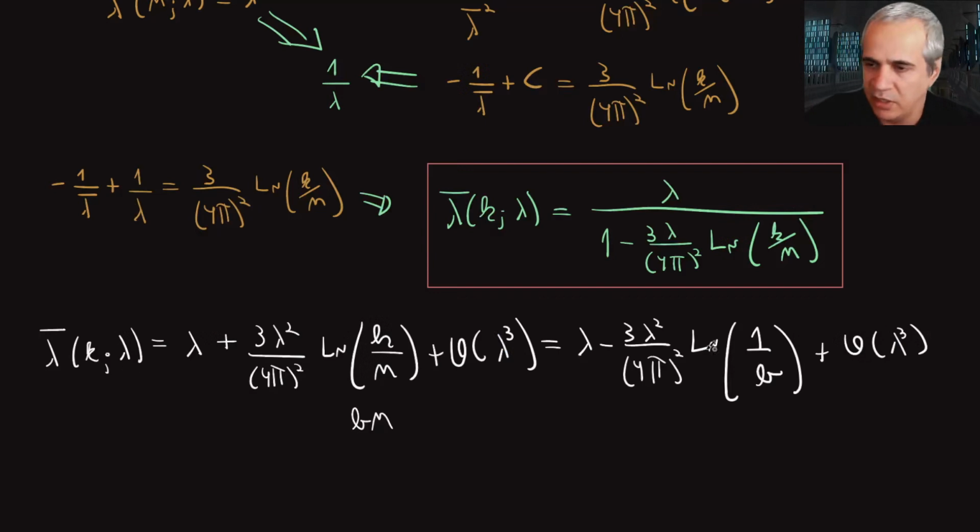So you see, it's the same thing again, just in a new language, right? This lambda bar is really the Wilson coefficient for the phi 4 operator, right? It's running just like it, in terms of the same variables, if I do this substitution.